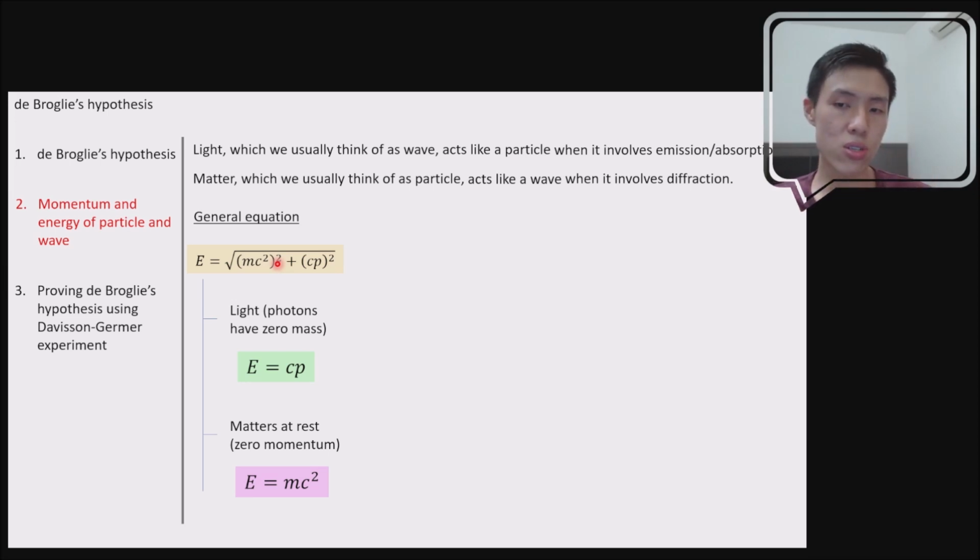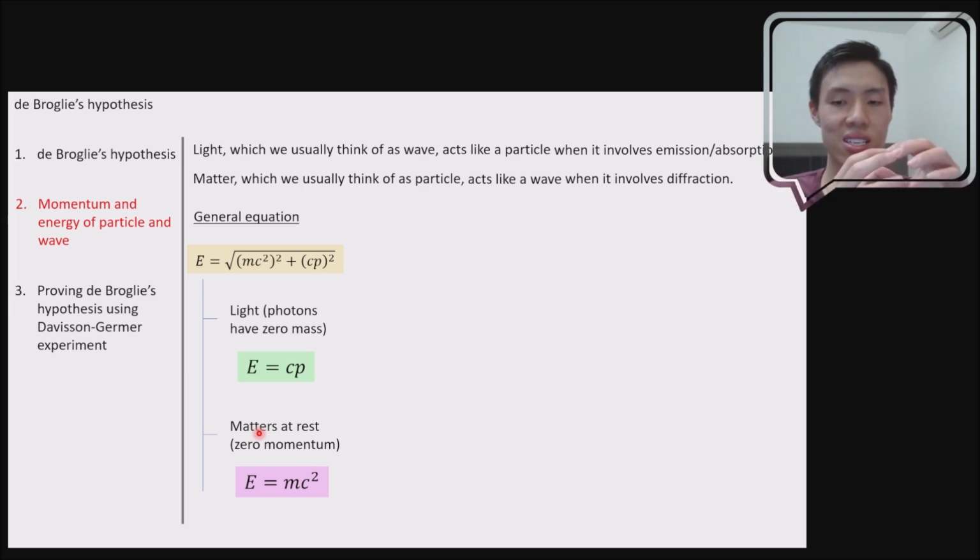So E is equal to mc squared here, it's used to describe the rest mass energy of matter, of something that is not moving. If that particular object is at rest, you can determine how much energy it is made of.